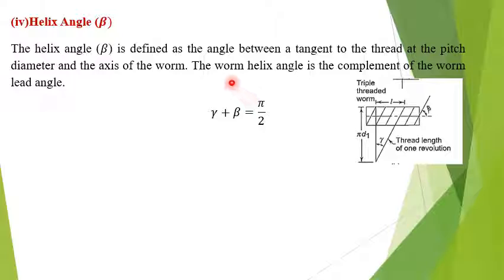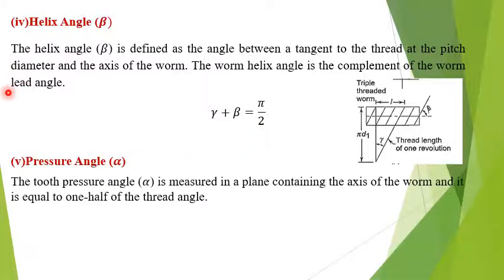Again we can observe that the worm helix angle is the complement of the worm lead angle. That is, if we add the lead angle plus the helix angle, that will be equal to pi by 2 or 90 degrees.